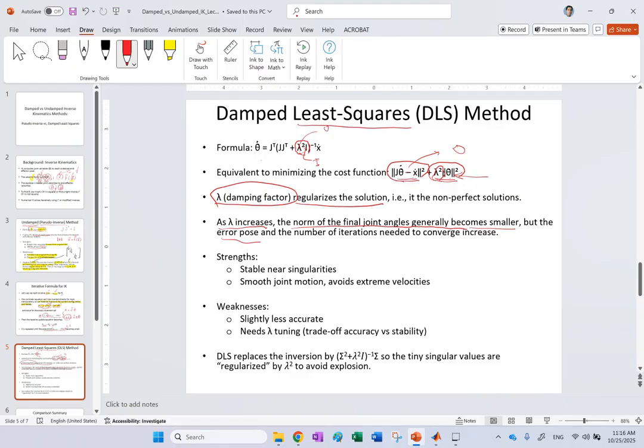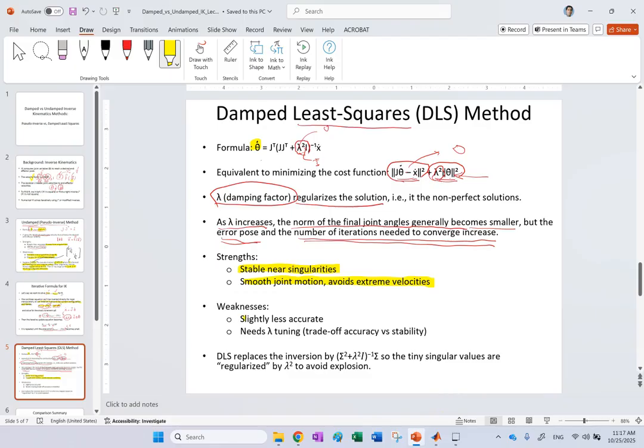The pose error increases, and the number of iterations that you need to converge would increase. So you have to pay attention to how much lambda you are picking. The good thing about it is that it is stable near singularities, and it never gives you big joint velocities theta dot, so it makes the motion from the initial position to the final desired position smooth instead of random motions, if you remember in CoppeliaSim.